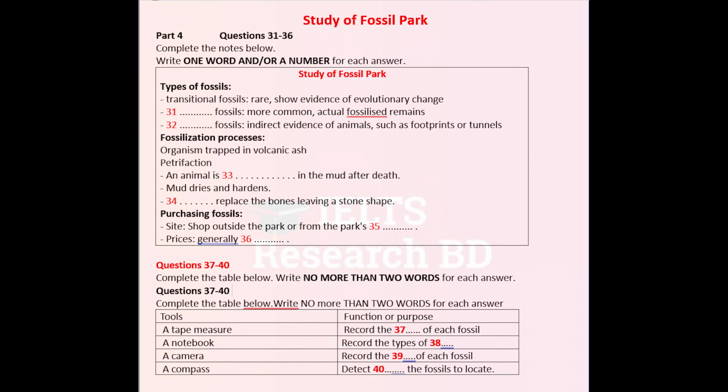Part 4. You will hear part of a lecture about a fossil park. First, you have some time to look at questions 31 to 40.